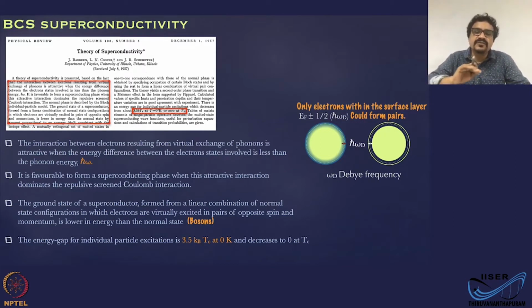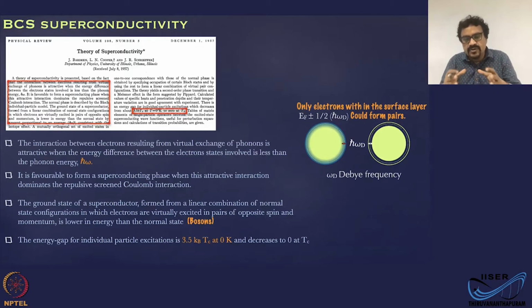So, an electron which is moving through the lattice can deform the lattice, and another electron which is coming by can feel that deformation, which in a nutshell is going to lower the total overall energy of the two electron system.